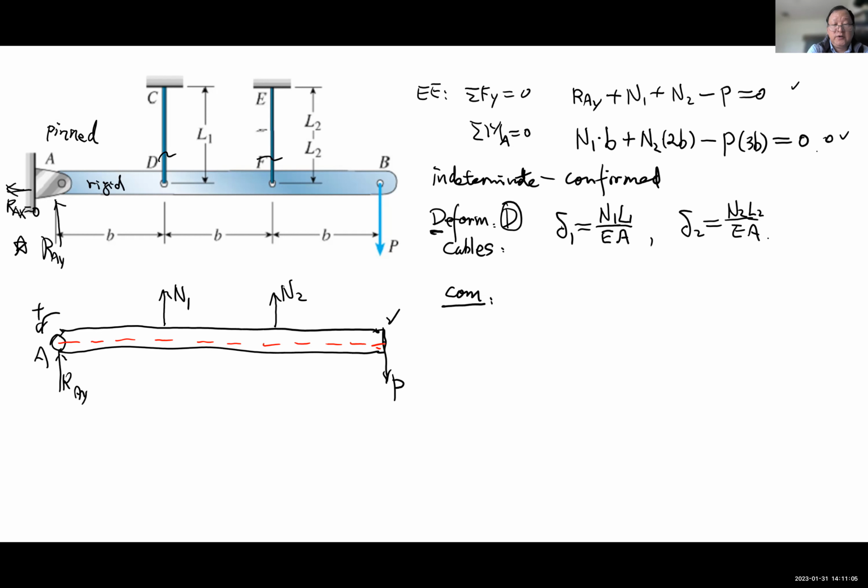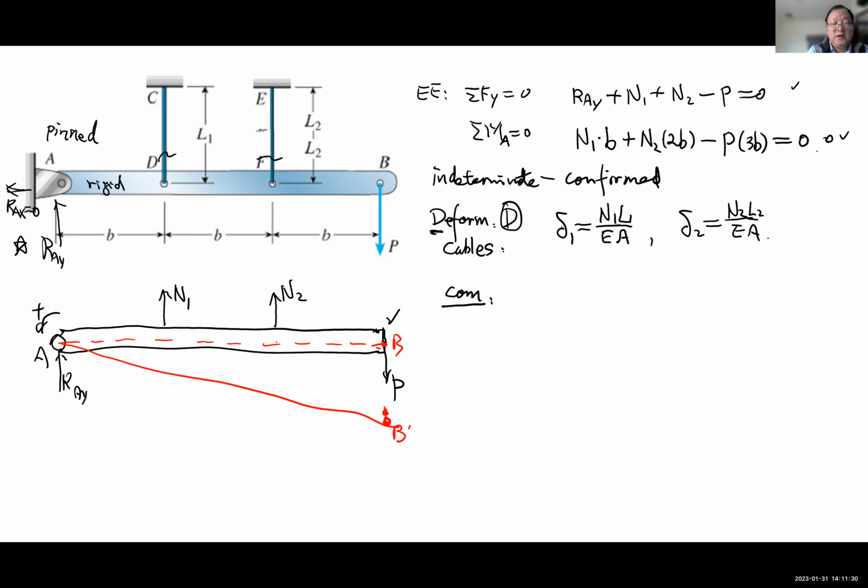This point can freely move, let's say, to here. I'll make it bigger so you can see; remember, we talk about tiny deformation. So this moves down here. And this beam is rigid, so it cannot be curved. It has to be a straight line. So point B is going to move to here.